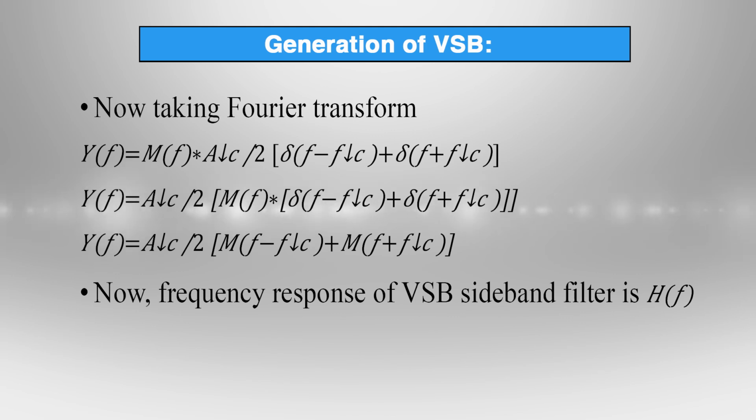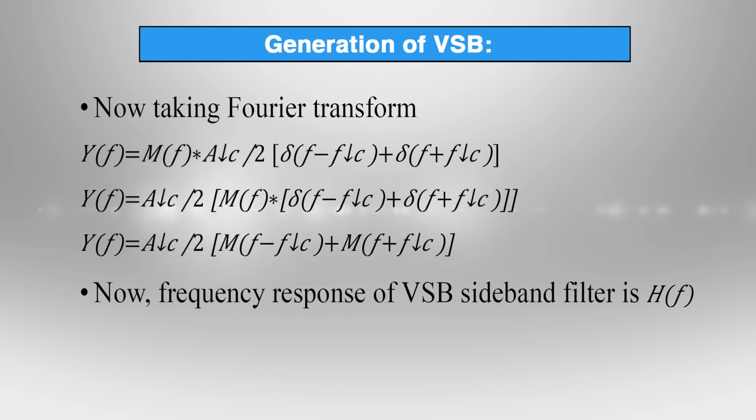Or it can be written as Y(f) equal to Ac/2 times the convolution of M(f) and [δ(f − fc) + δ(f + fc)]. Or it can also be written as Y(f) equal to Ac/2 times [M(f − fc) + M(f + fc)].